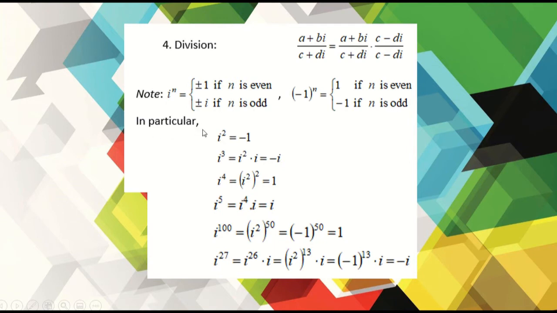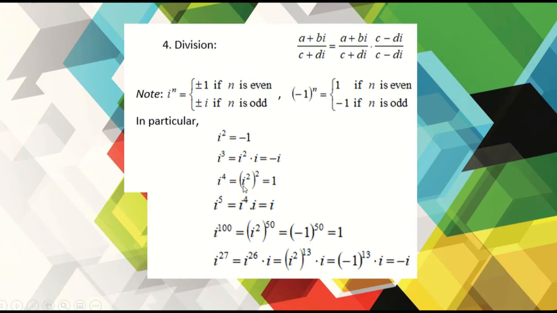So in particular, let us have some examples. I squared, so when we square the square root of negative 1, that is equal to negative 1. Then if we have I cubed, we can factor it out as I squared times I. Since we know that I squared is negative 1, negative 1 times I is equal to negative I. Next, we have I to the power of 4.